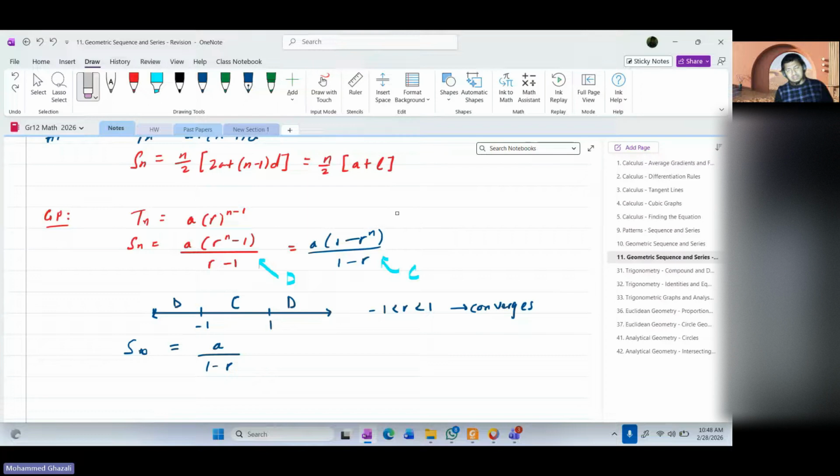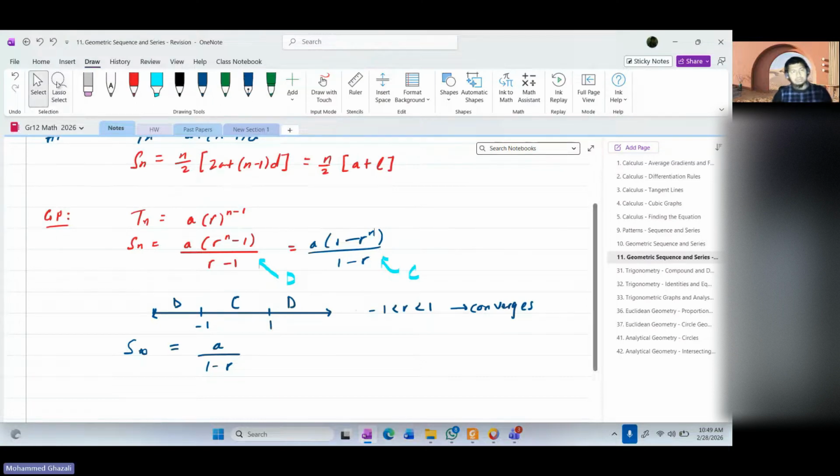It's like taking a fraction and raising it to the power infinity, which becomes 0. So you just have a times 1, which is a over 1 minus r. So these are all the important formulas that you need to focus on.